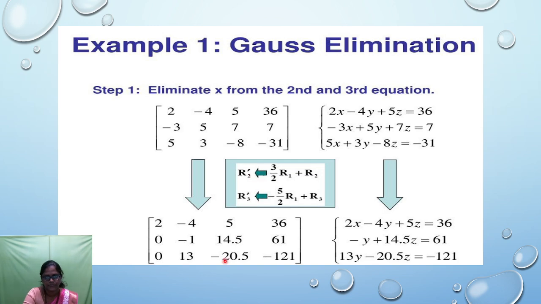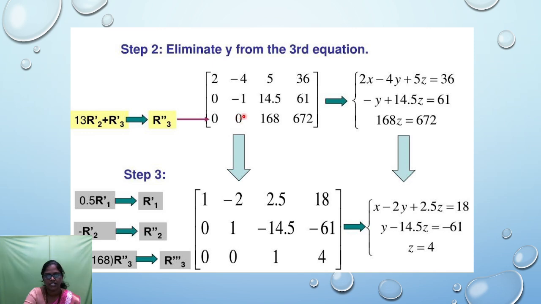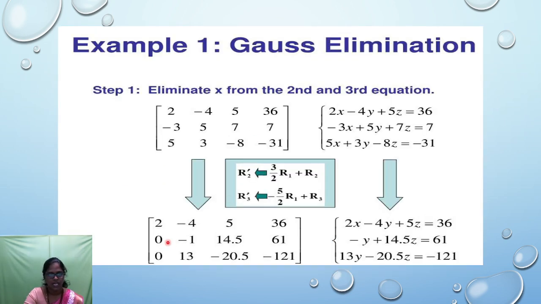Check here. Here we have 13. Okay, so we need to convert 13 into 0. So using the first row, no need to add the first row. Why? Because we already converted these two terms to 0.